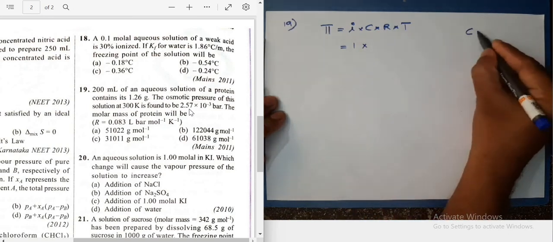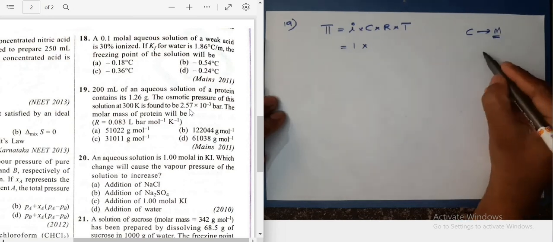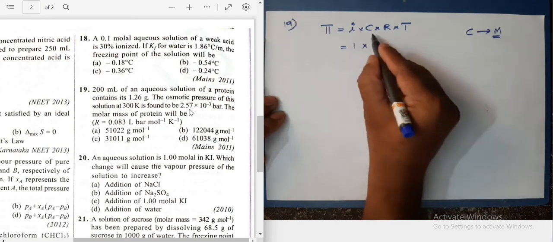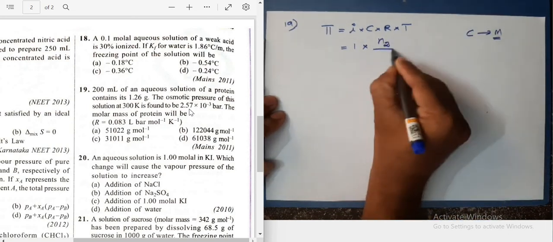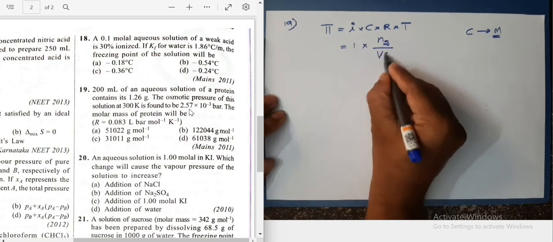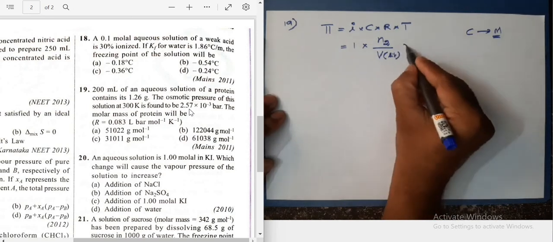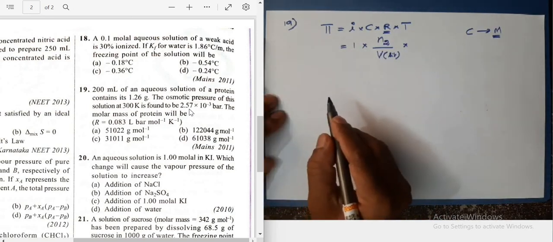Concentration, you know very well, should be in molarity. So in the place of concentration you should put molarity. Molarity is nothing but the number of moles of solute divided by the volume of the solution in liters. This is the formula for molarity. Into the gas constant, which is given as 0.083.